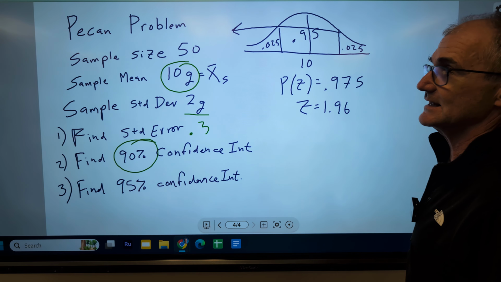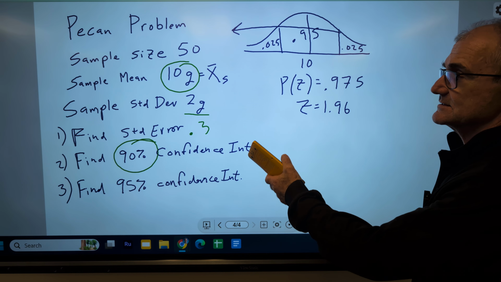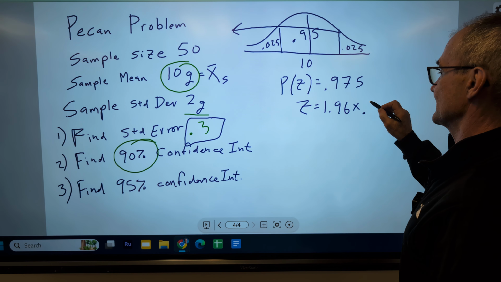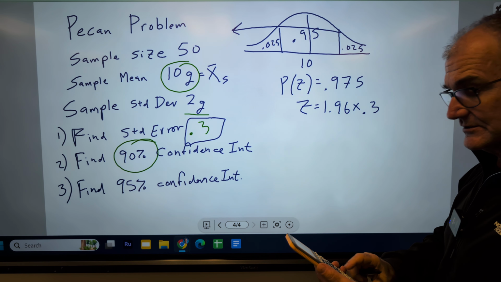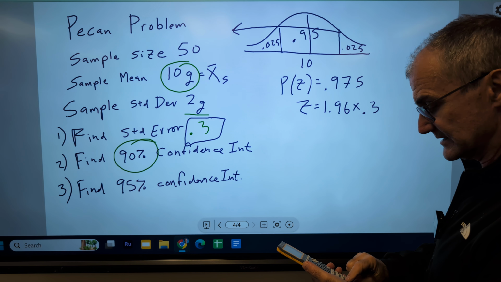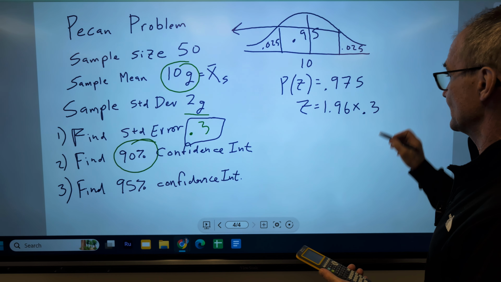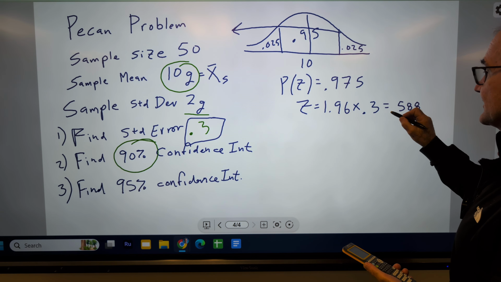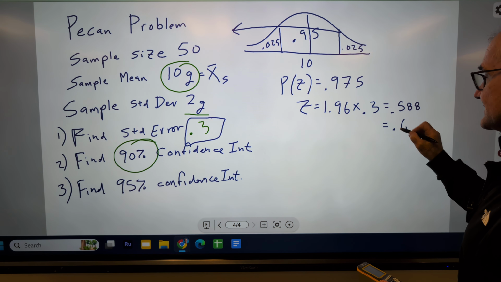I multiply it not by my standard deviation of the sample, but by my standard error. So I multiply that by 0.3 to get the number of units away I am. So 1.96 times that 0.3 gives me 0.588. I'm going to round that to 0.6.